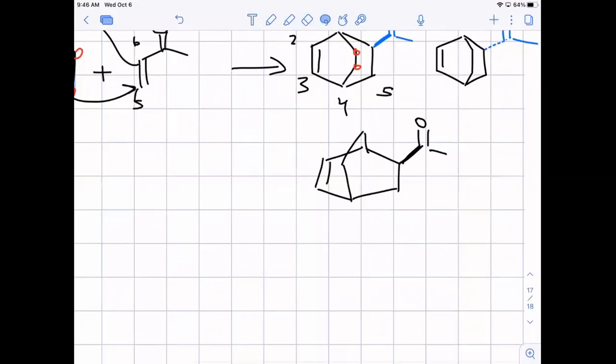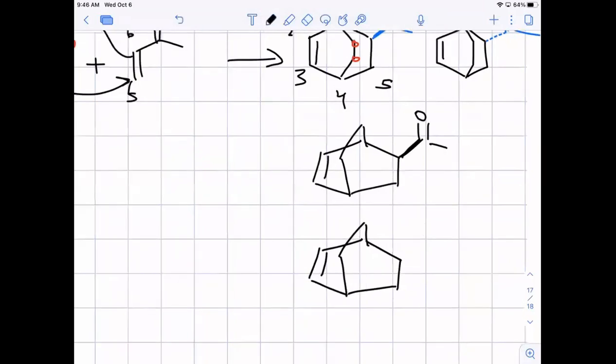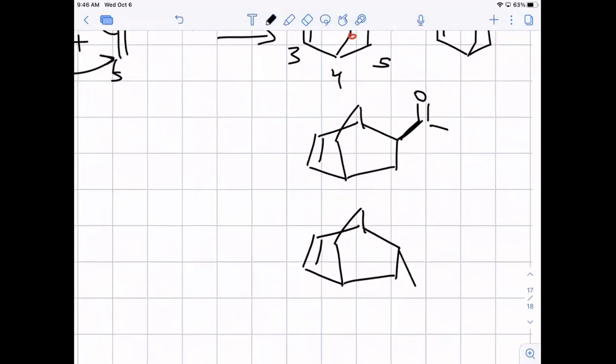And with the other product, you'll have the carbonyl here.